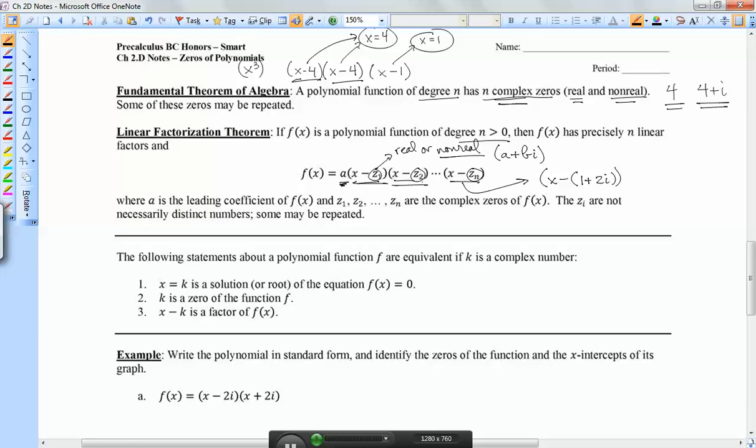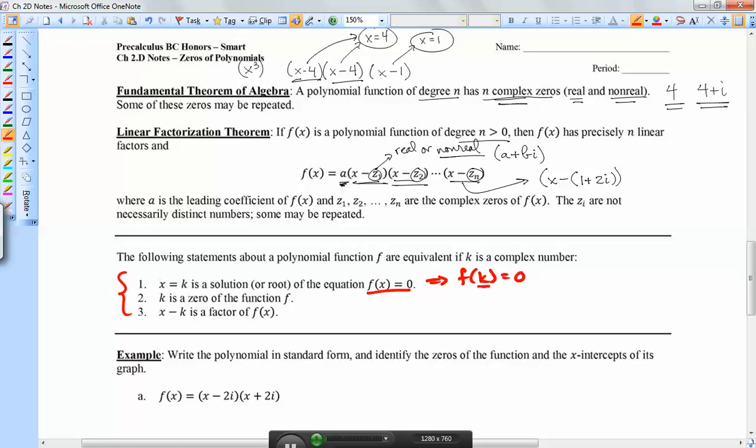Okay. So the following statements here are all saying the same thing. x equals k as a root means that when you plug in k, you get f of x equals 0. That's the same thing as saying it's a solution. So this implies f of k equals 0.